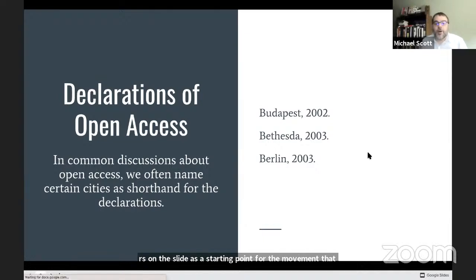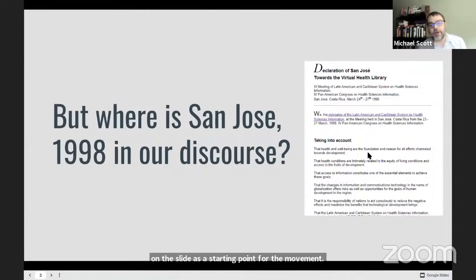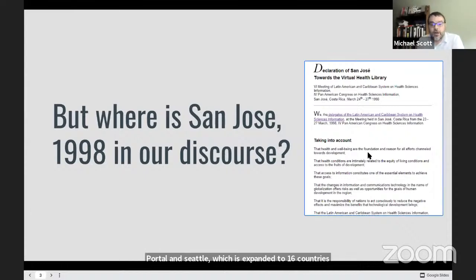Next. However, let's look back to almost 4 years before, when the Declaration of San José was signed. While the declaration only implicitly refers to OA, it set the stage for major OA projects in Latin America, such as LILACS' Health Information Portal and SciELO, which has expanded to 16 countries and covers all academic fields. Next.